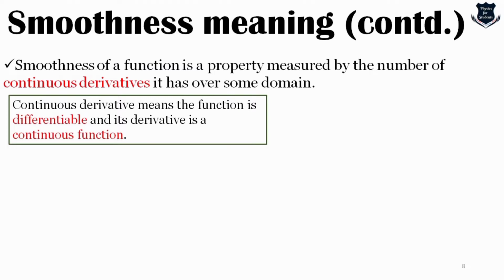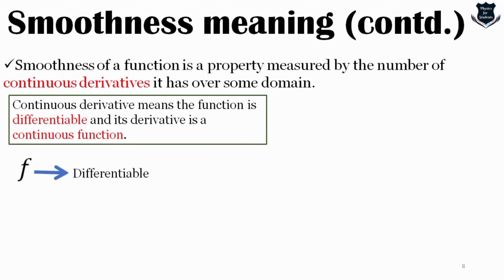So first is the definition of smoothness, followed by what we call a continuous derivative. Continuous derivative means the function is differentiable, that means those boxes where we differentiated, and its derivative, that is the derivative which is found out of differentiation, let us call it d, is also a continuous function.